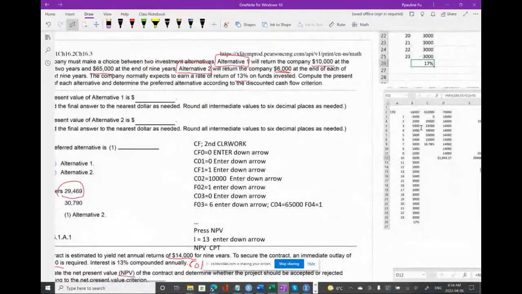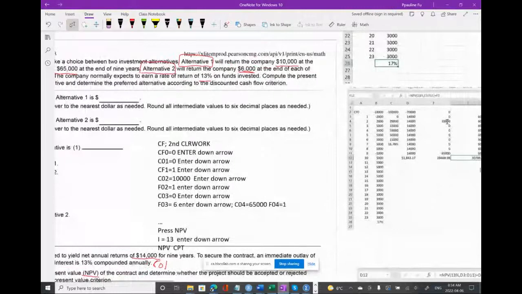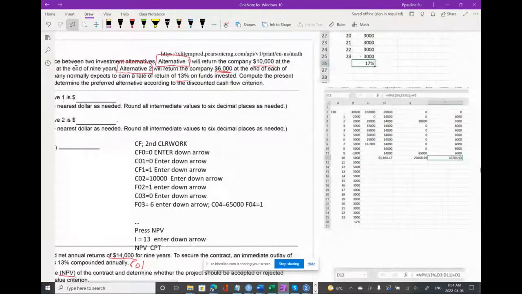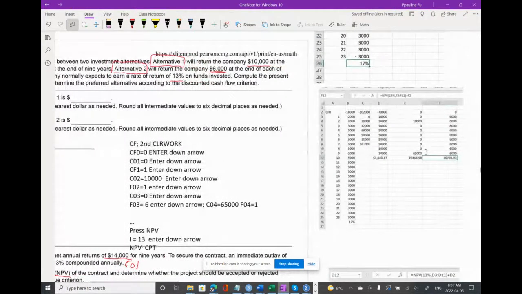At the end of 2 years, you have 10,000, and then at the end of 9 years, you have 65,000. And for the rest of the years, you just type in 0.